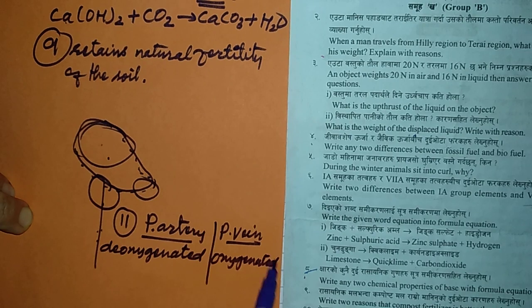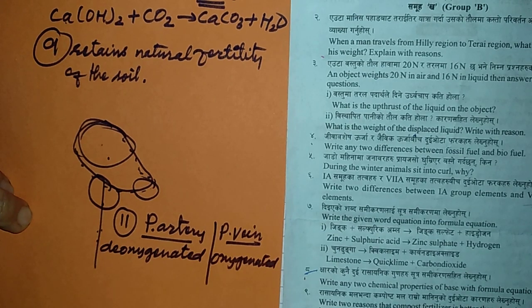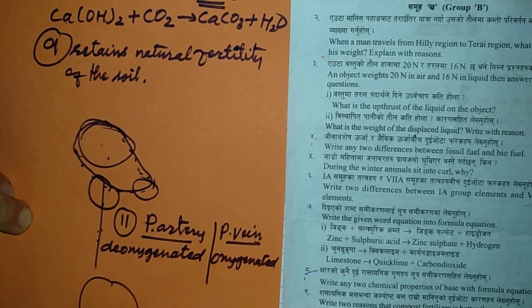Oxygenated blood, right. Pulmonary artery carries blood from right ventricle to the lungs. Supposing this is the diagram of lungs, roughly. This is right ventricle. Pulmonary artery arises from here and goes to lungs this way, whereas pulmonary vein arises from lungs and comes to heart this way.